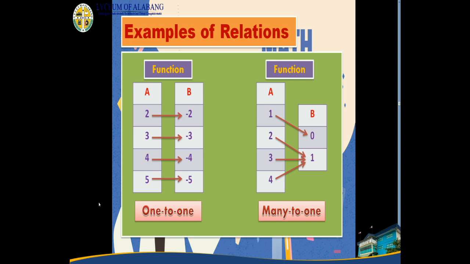Does each value in the domain point to a single value in the range? Absolutely. The second diagram is an example of many-to-one relation. There's nothing wrong when three elements coming from the domain are sharing a common value in the range. This is a great example of a function as well.